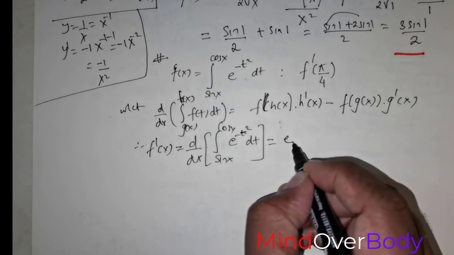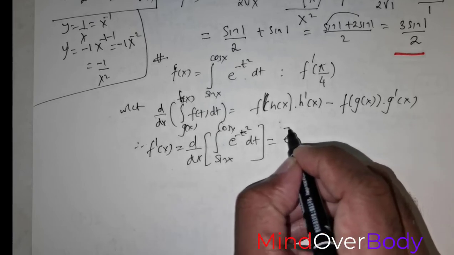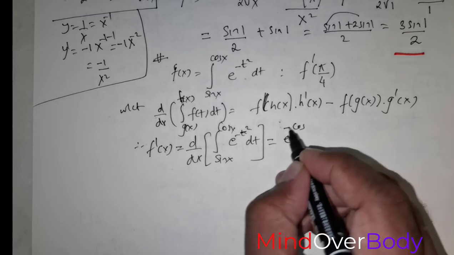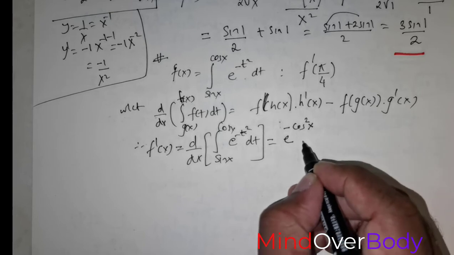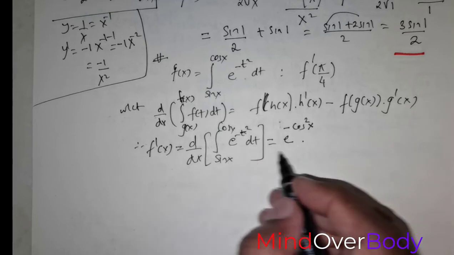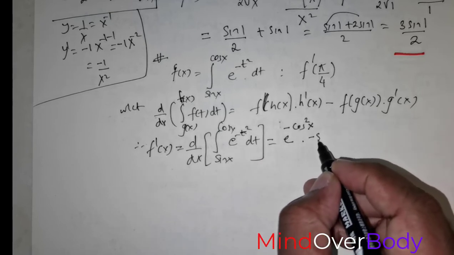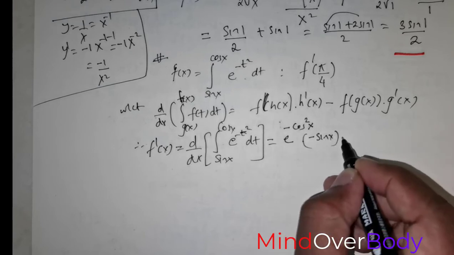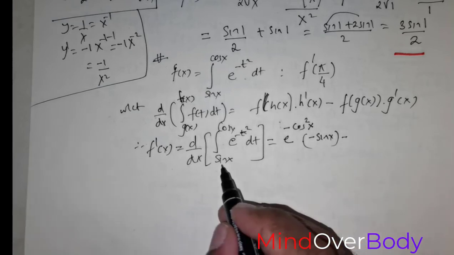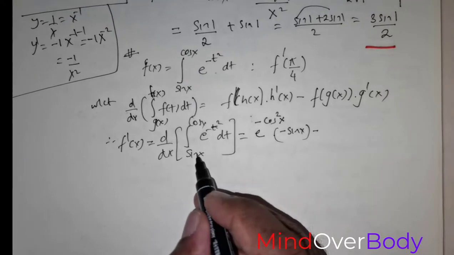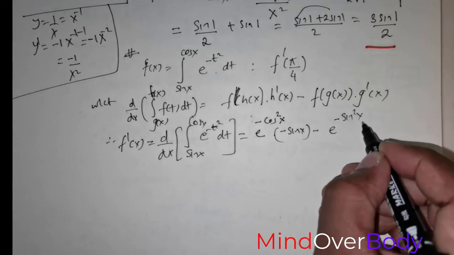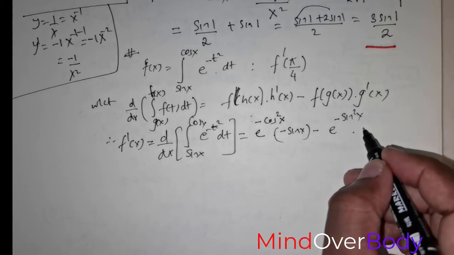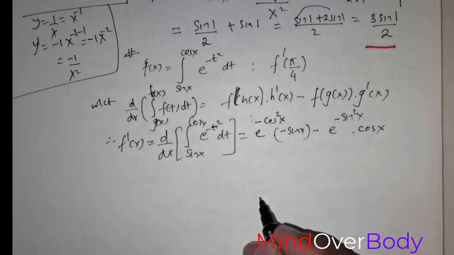So this is going to be e raised to the power of negative cos squared x times h dash of x, the differentiation of cos x. That's going to be negative sine x, followed by a negative sign, and instead of t we will be substituting sine x. So it's going to be e raised to the power of negative sine squared x times the differentiation of sine x. Differentiation of sine x would give me cos x.